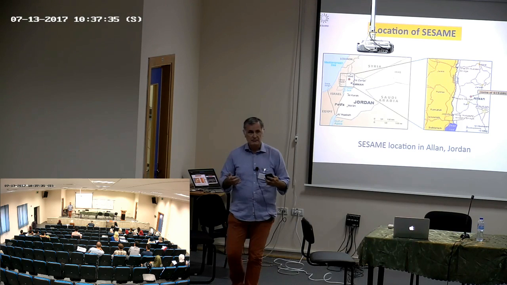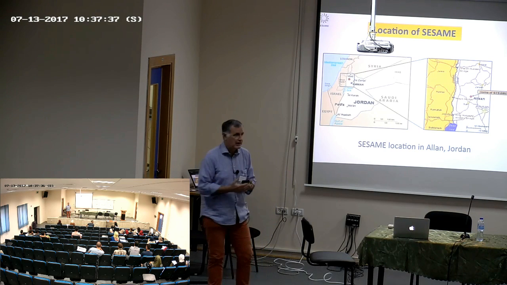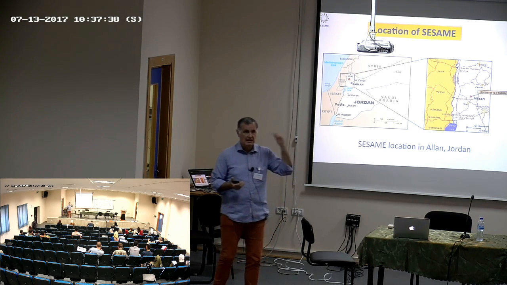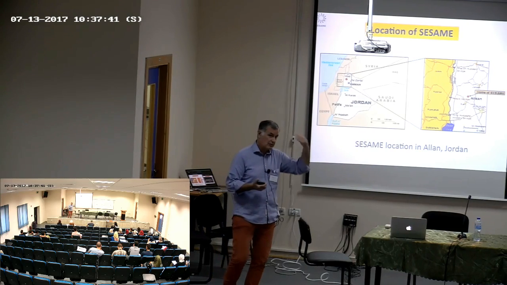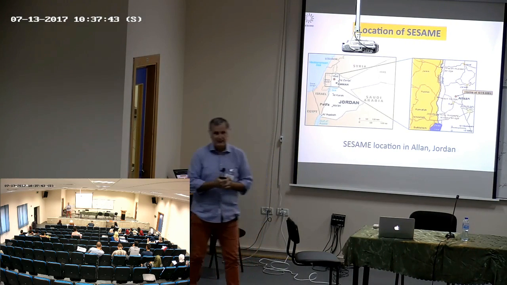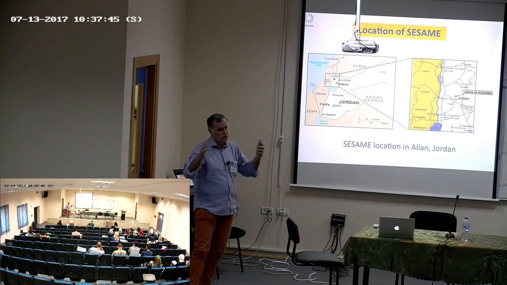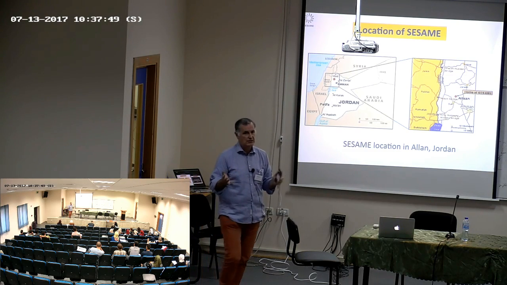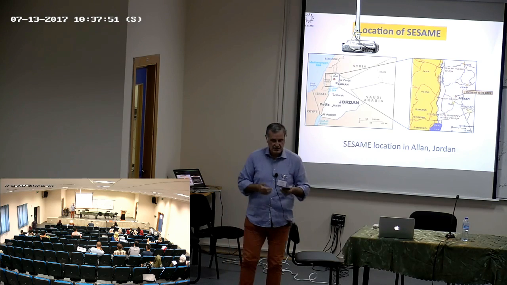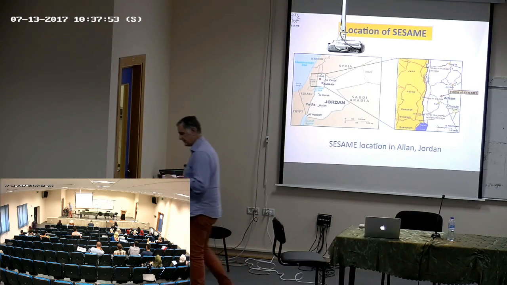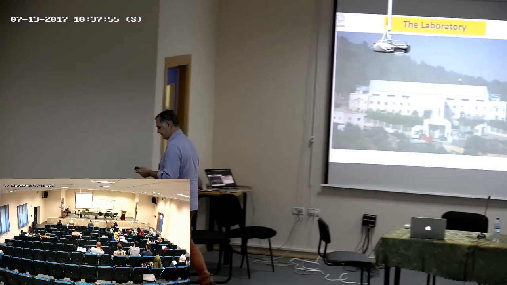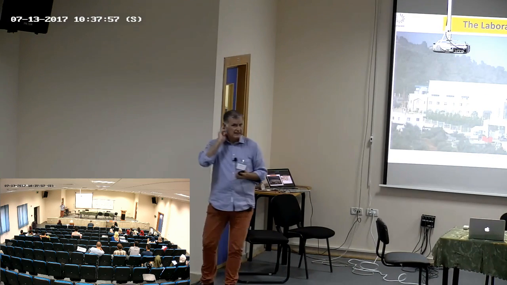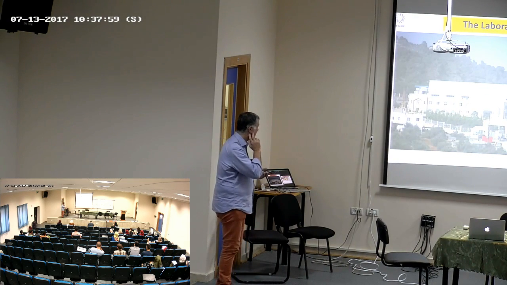It took a long time to build Sesame. I don't know whether you know that, but the original idea dates back to the previous century. And as an institution, Sesame started around 2003, so it's 14 years that Sesame as an institution exists. This is what the laboratory looks like now.